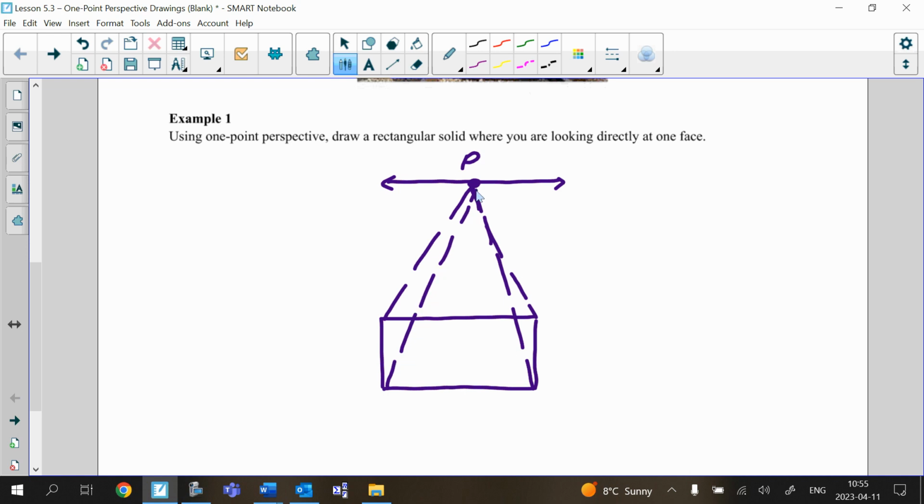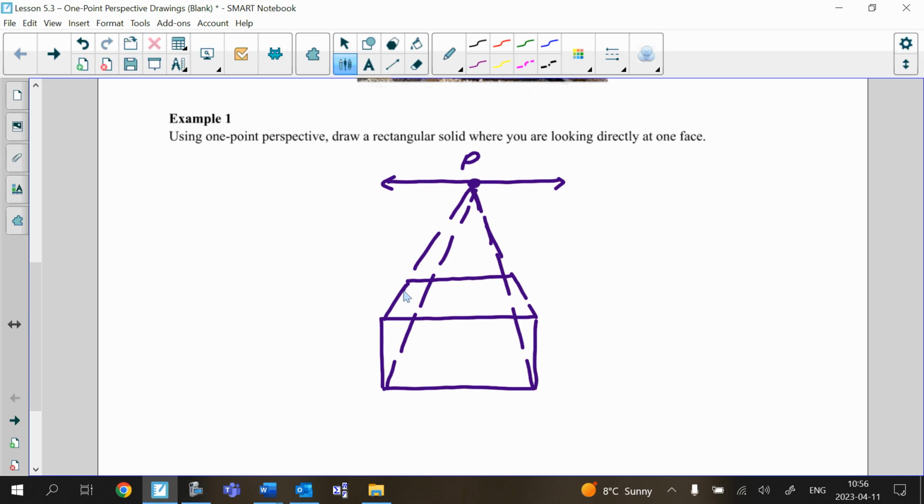So I've started to show depth. Now what I'm going to do is finish off the top of the rectangular solid by drawing a horizontal segment. You should be able to see most of the solid now. The only thing that we add to it is, remember, there are segments coming down from these corners to make the rectangular solid.